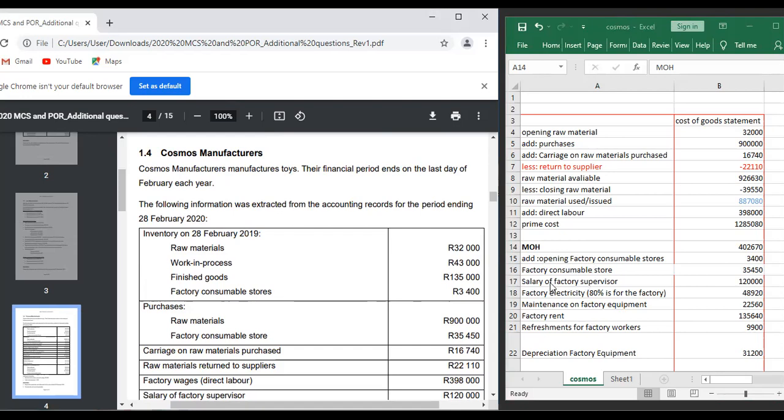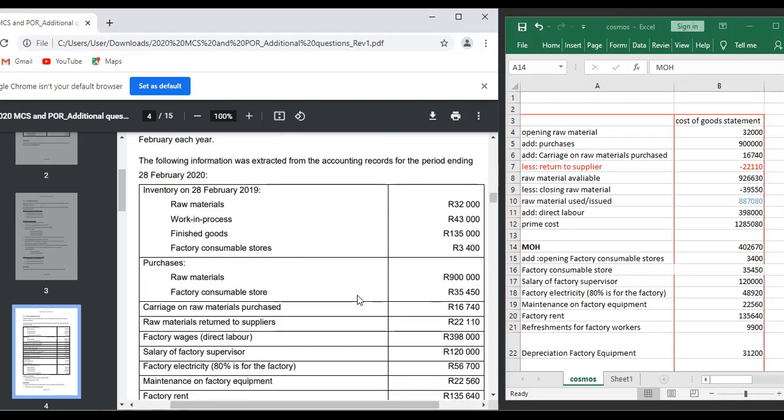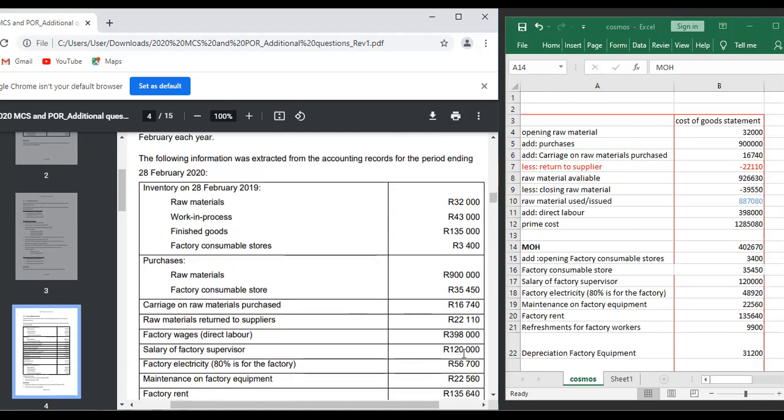And then we have salary for the supervisor. We know it's an overhead. It is here, the salary for the supervisor as an overhead. We have the factory electricity. With this one, I would like to elaborate more on it, so I want to make the screen a little bit bigger.